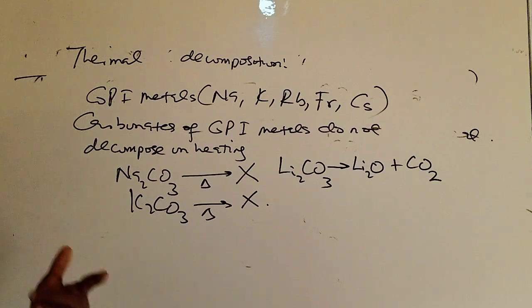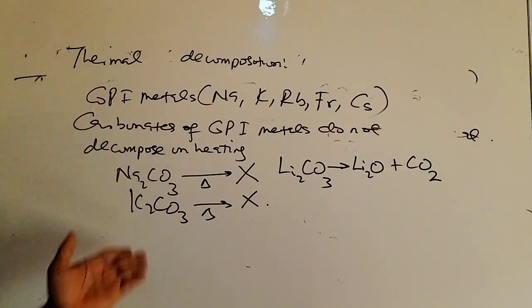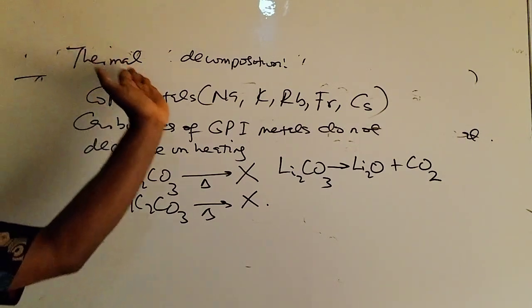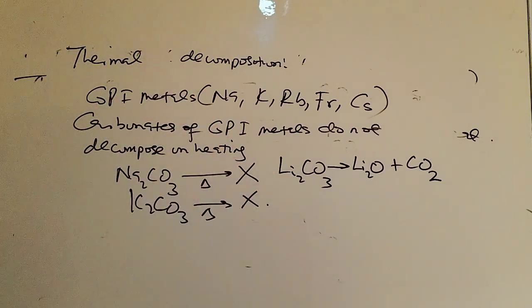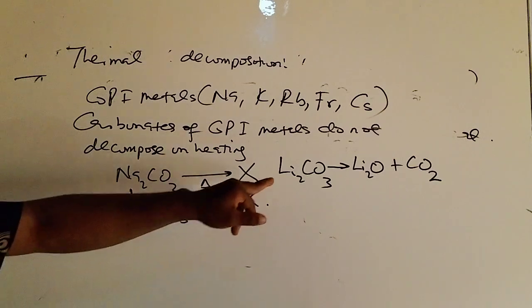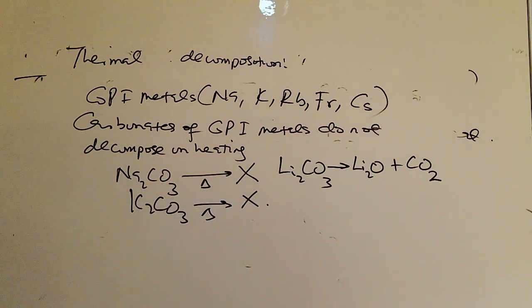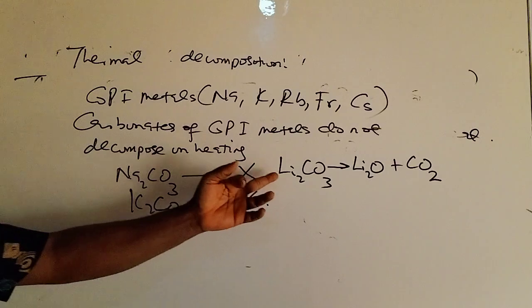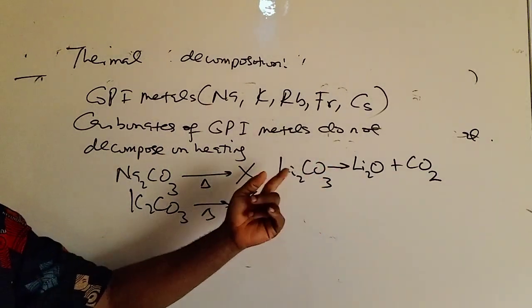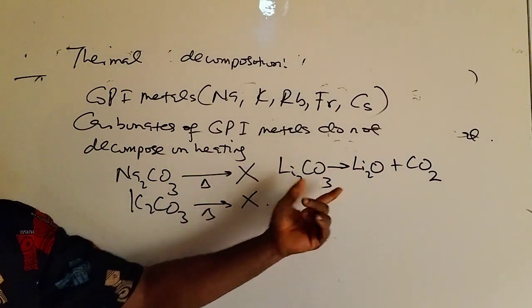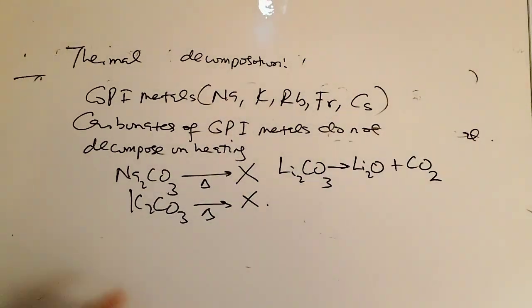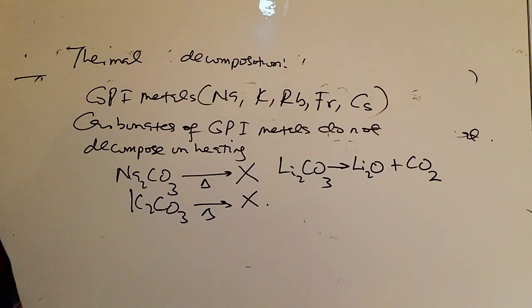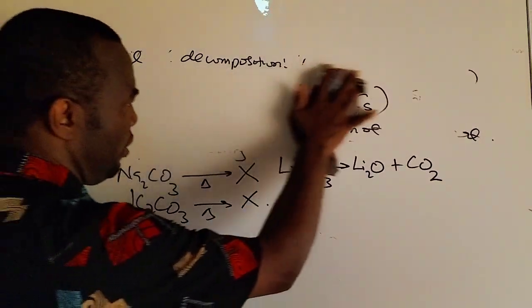So you go to your periodic table, look at the position of lithium in group 1, and then draw a line across diagonally. You're going to move from lithium to magnesium, and magnesium is in group 2. So because lithium has a diagonal relationship with magnesium, lithium can behave like a group 2 metal in its carbonates. So when you heat lithium carbonate, it breaks down. That's the only group 1 metal whose carbonate can decompose like group 2, while the other group 1 carbonates cannot decompose. So having done that, what of the nitrates?